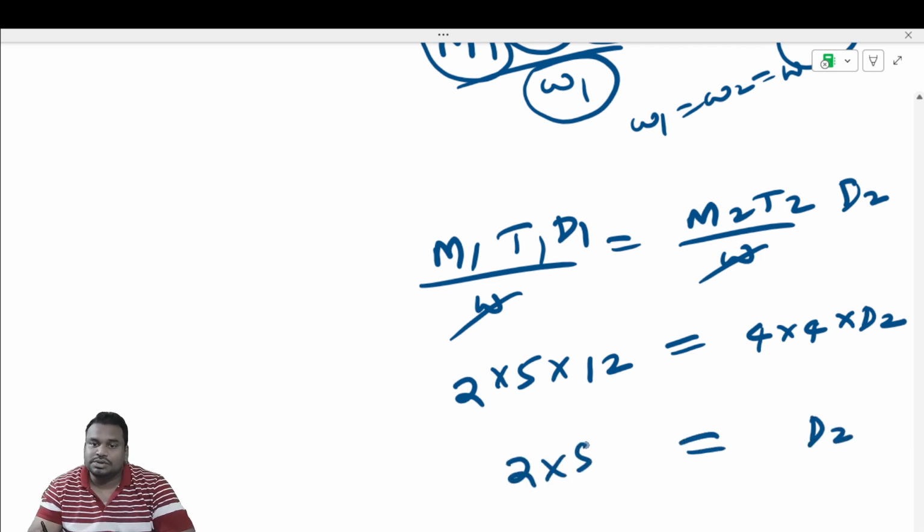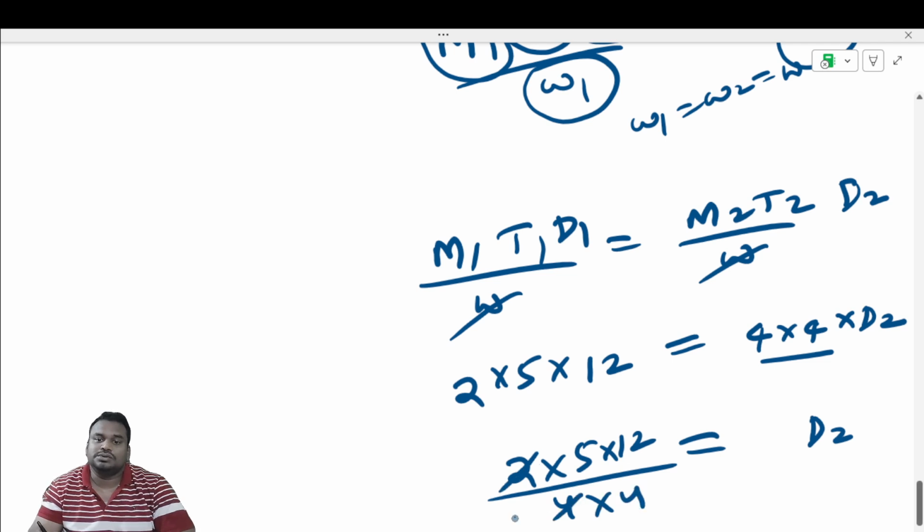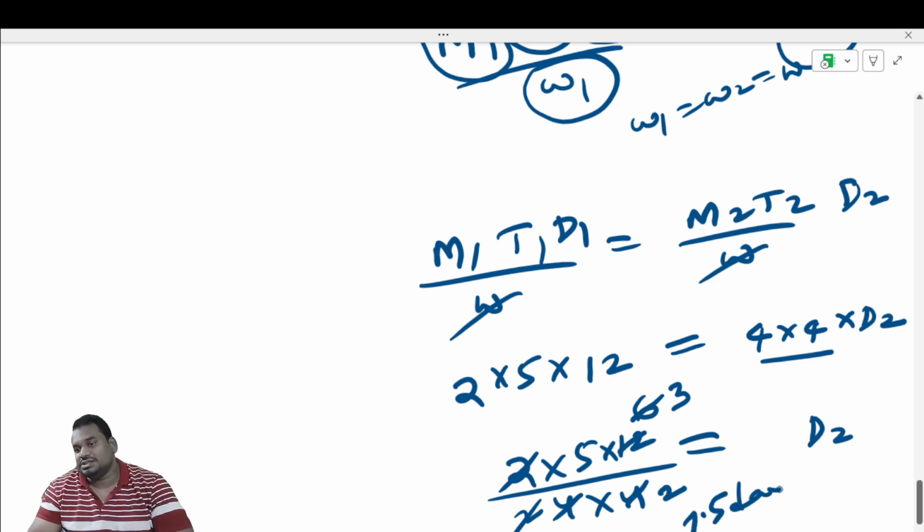Then 2 into 5 into 12 by 4 into 4. 2 2s are 4, 2 6s are 12, 3 5s are 15, by 2 is nothing but 7.5 days. 7.5 days is equal to D2.